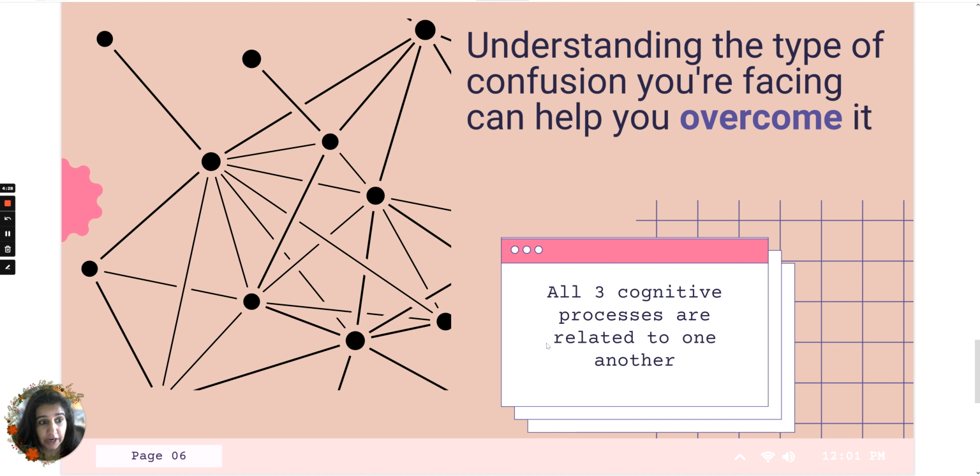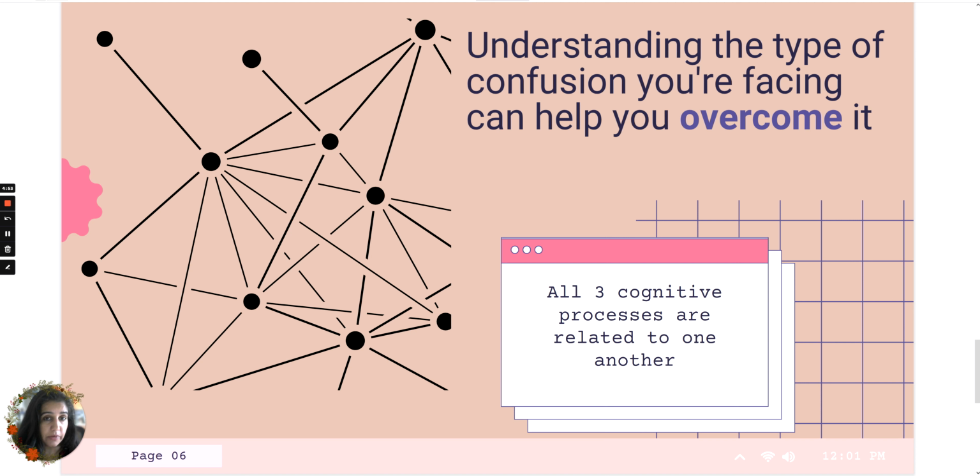So you have these three types of confusion which are associated with three different types of memory. An important thing to note is that these three cognitive processes are all related to one another. You don't have separate compartments in your brain which are completely disassociated from one another. In fact, all these three memories, LTM, STM, and working memory, depend on each other and they're interconnected.